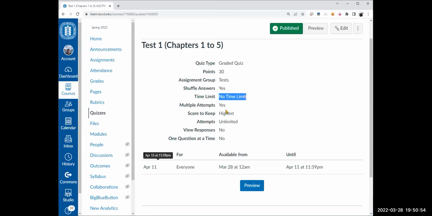Just make sure to turn it in before the due date, April 11th at midnight, 11:59 p.m. Anytime before that works. And you can try multiple times. Let's say I did it once, and then later I realized there are some mistakes I made.